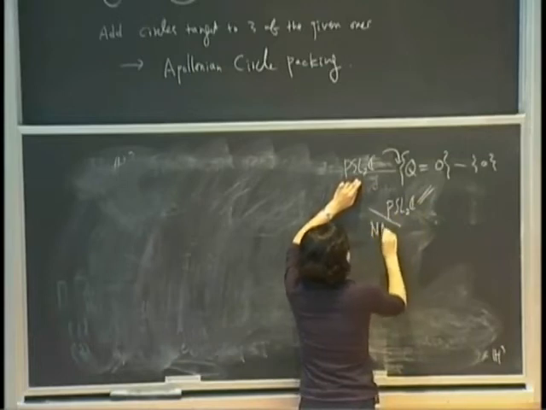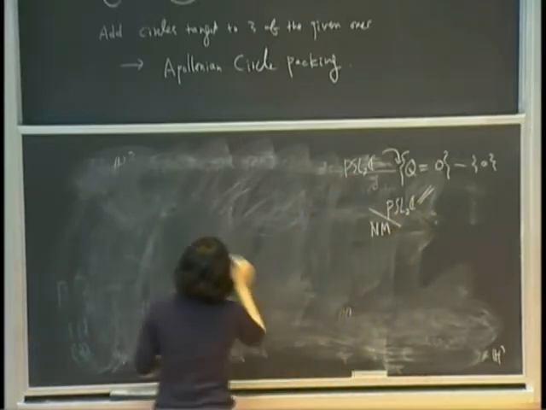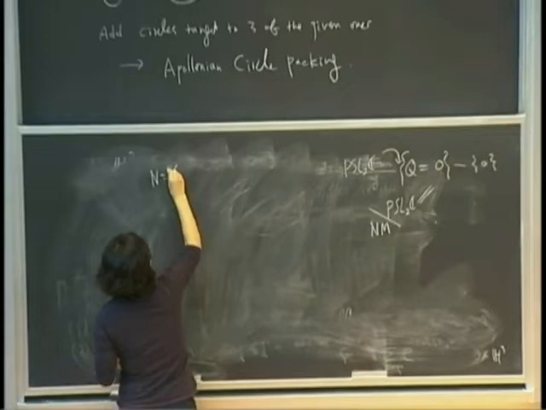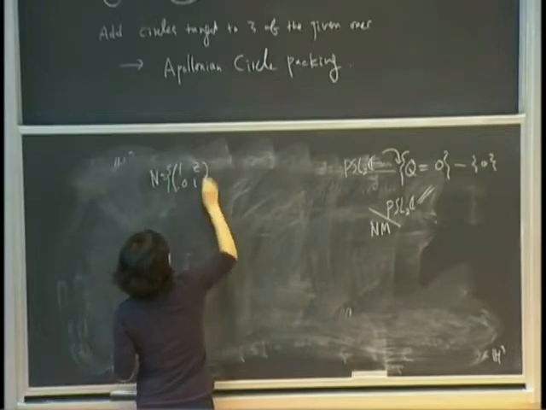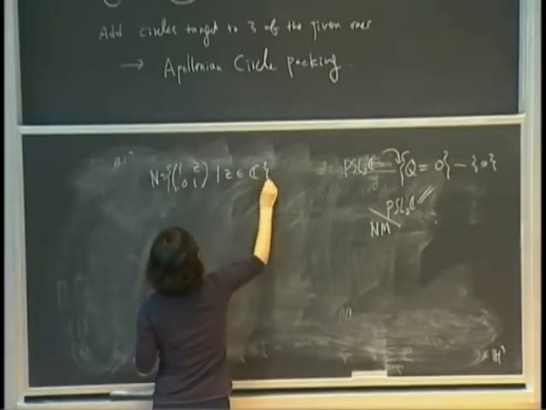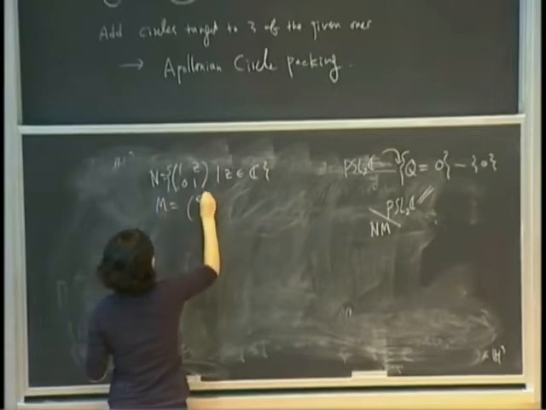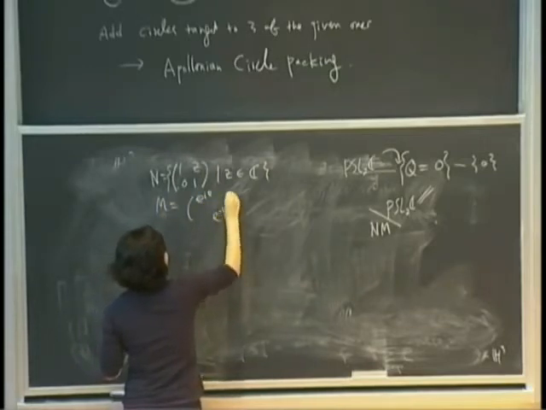And then the stabilizer is isomorphic to this group NM, where N is simply the upper triangular group and M is just the circle group.